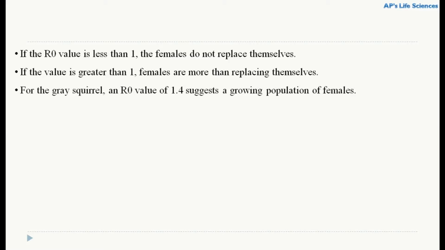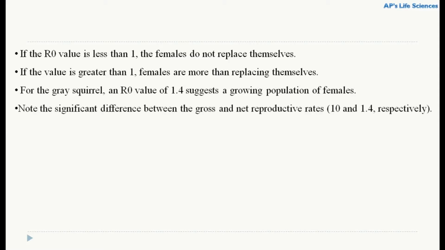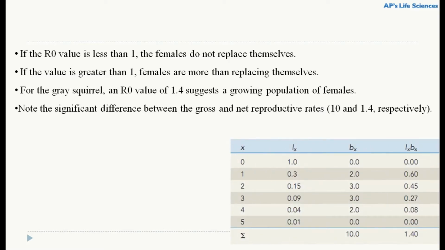For the gray squirrel, the R0 value of 1.4 suggests that there is a growing population of females. Note the significant difference between the gross and net reproductive rates, that is 10 and 1.4 respectively.